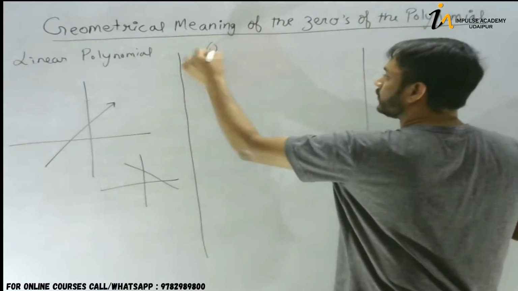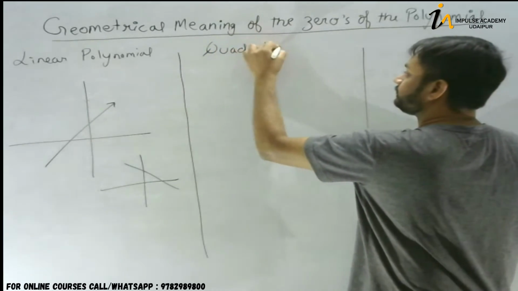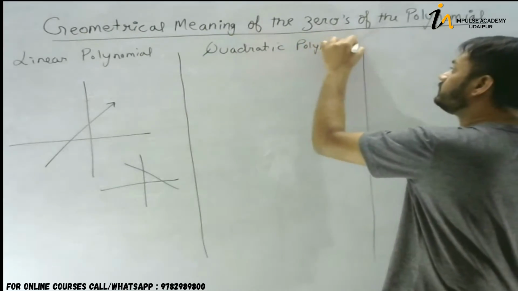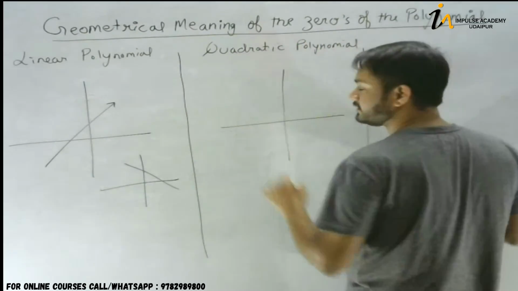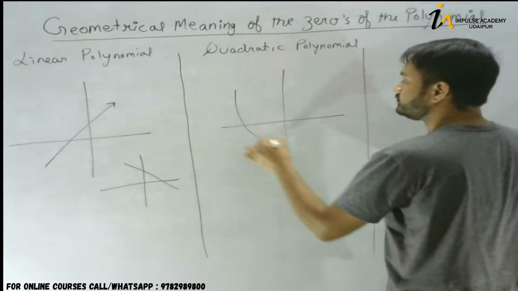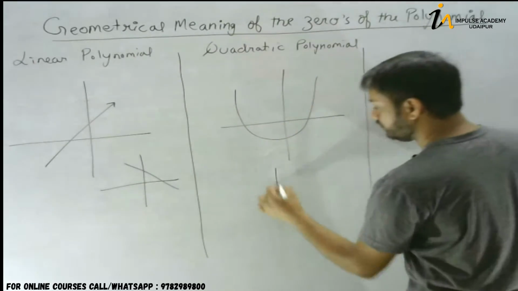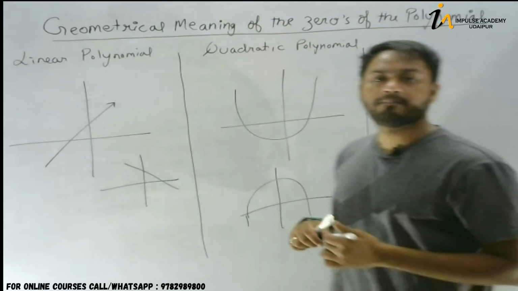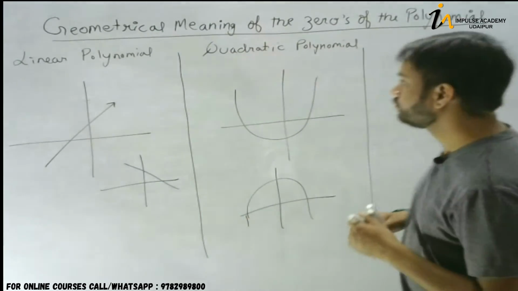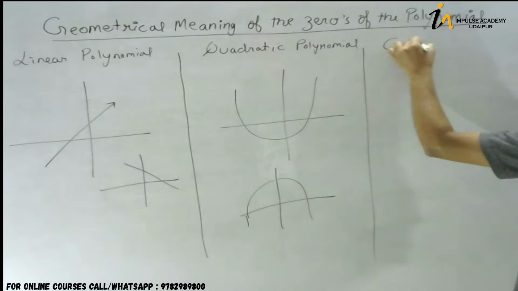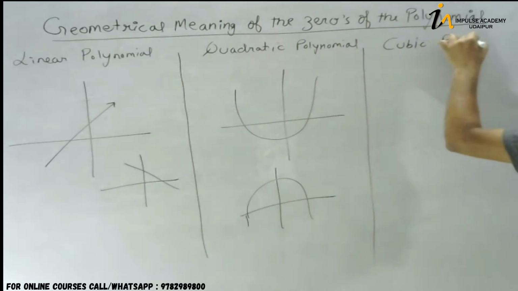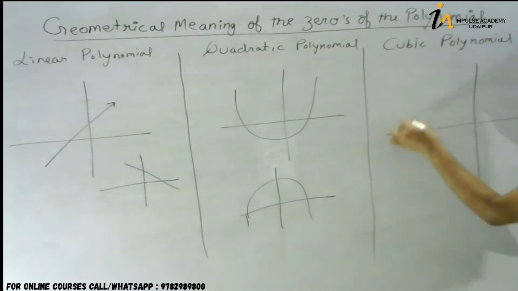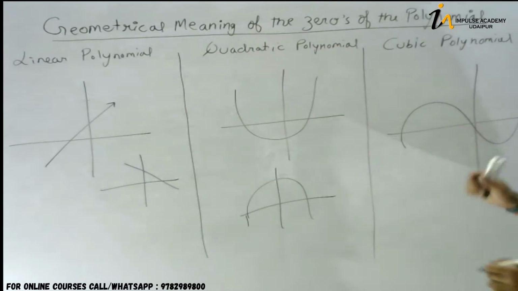In the case of a quadratic polynomial, it will always be a parabola, either like this or maybe like this. Now in the case of cubic, it would be something like this.